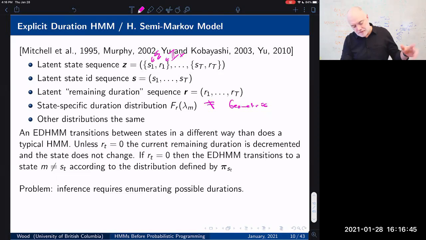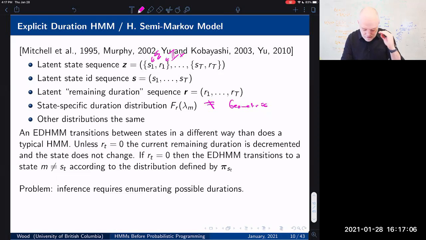So an explicit duration HMM, or a hidden semi-Markov model, transitions between states in a different way than a typical HMM does. So the transition dynamics, and we'll write this down mathematically in just a second: unless the remaining time equals 0, the state remains constant. It doesn't change.